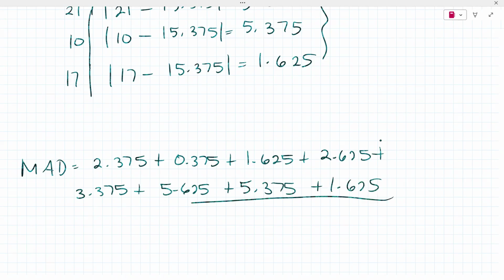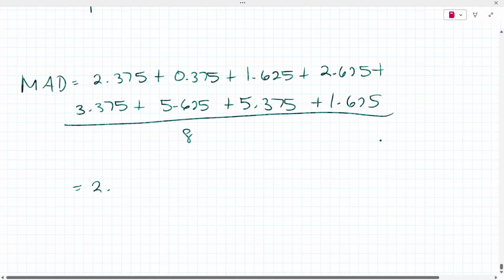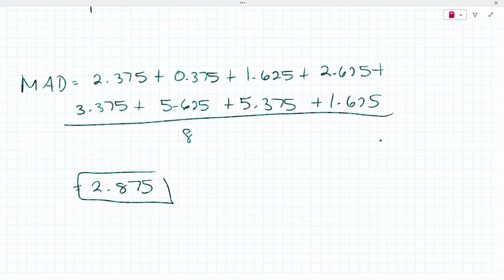Then you divide that all by 8, and you get about 2.875. So 2.875 is pretty small. What that means is the data is less spread out.